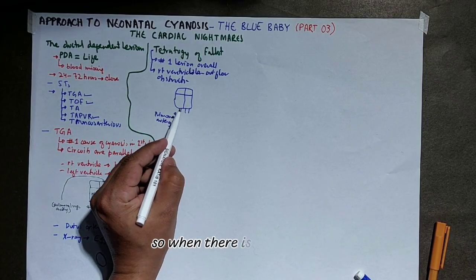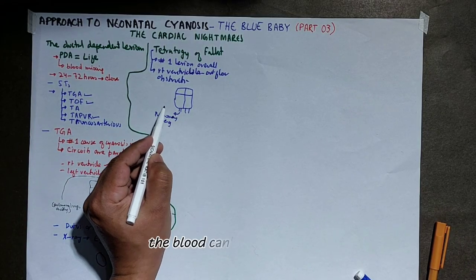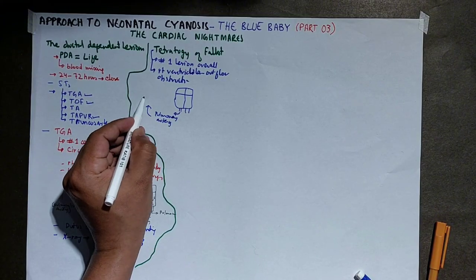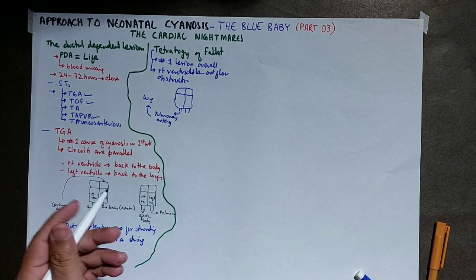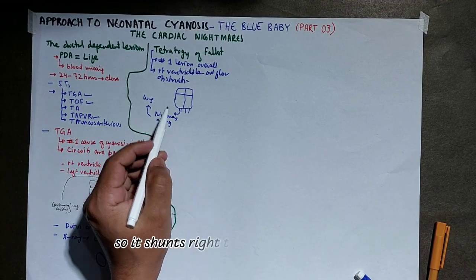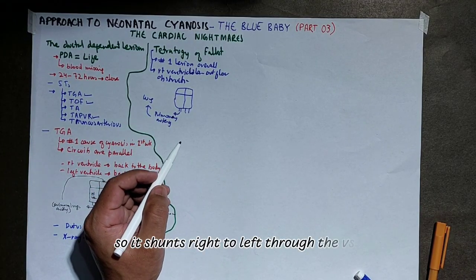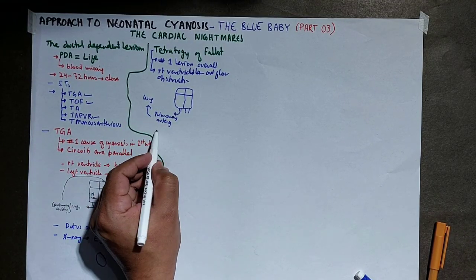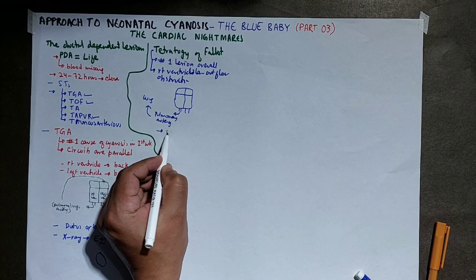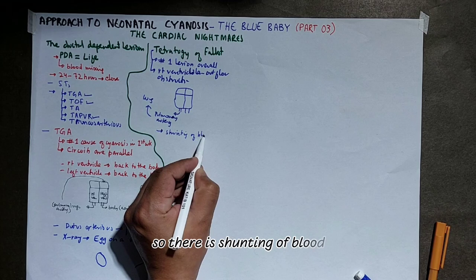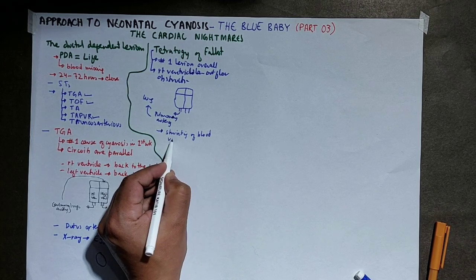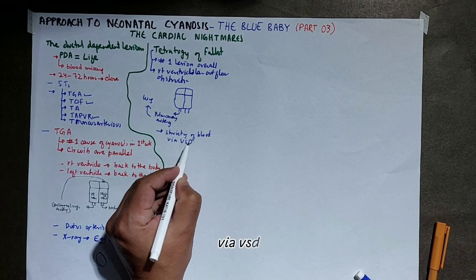So when there is obstruction, the blood can't reach the lung for oxygenation. So it shunts right to left through the VSD. So there is shunting of blood via VSD.